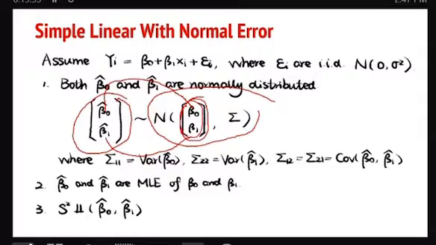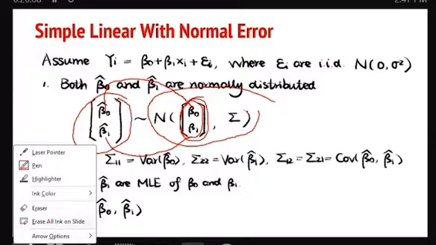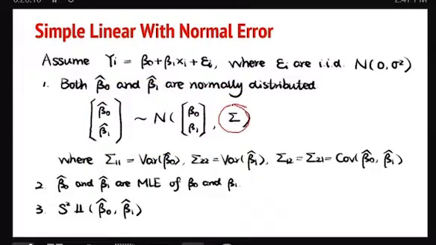In a situation where you have a vector with two variables, you don't talk about variance anymore. We talk about variance covariance. So this here is called the variance covariance matrix. Please, I need you to pay attention.